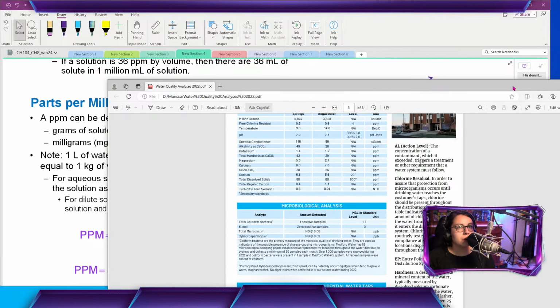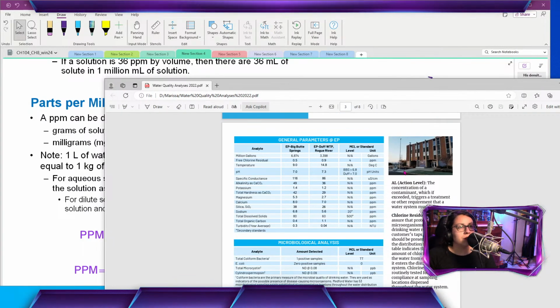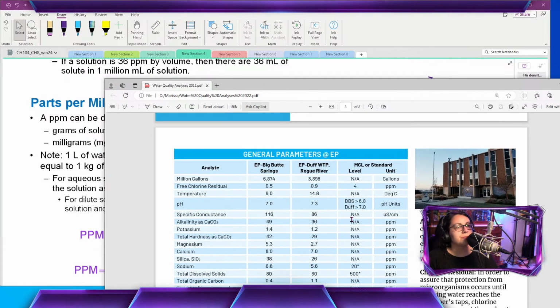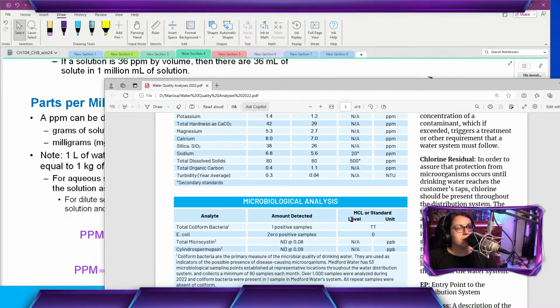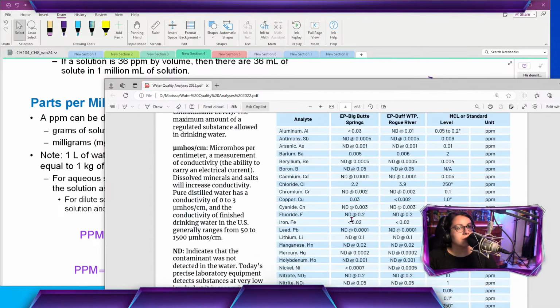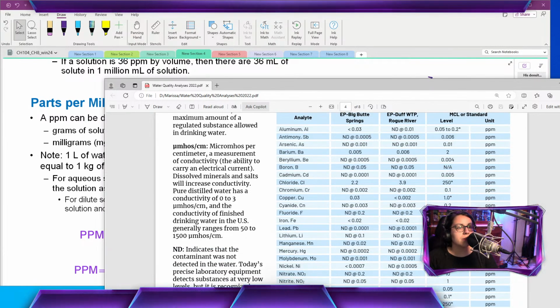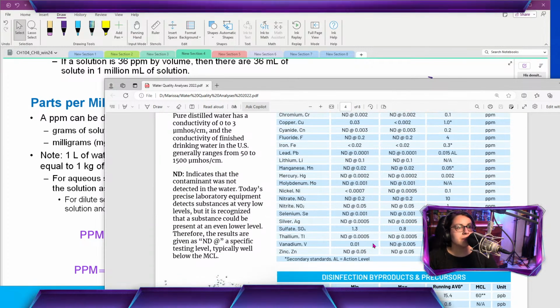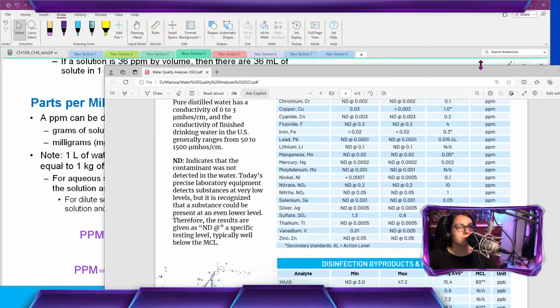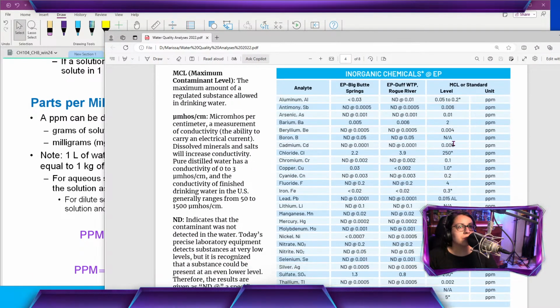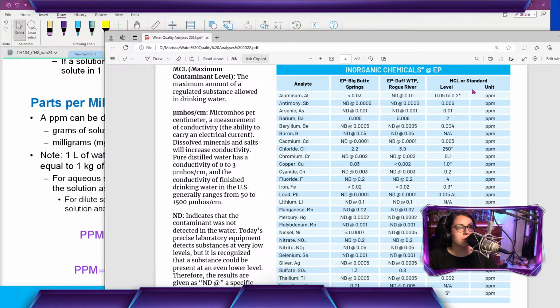All right, here's our water quality, at least for Medford here. Let's look around, and notice the unit. A lot of these are in the parts per million range. You're going to have a lot of ions in solution anyway. It's nice as it tells you the standards.